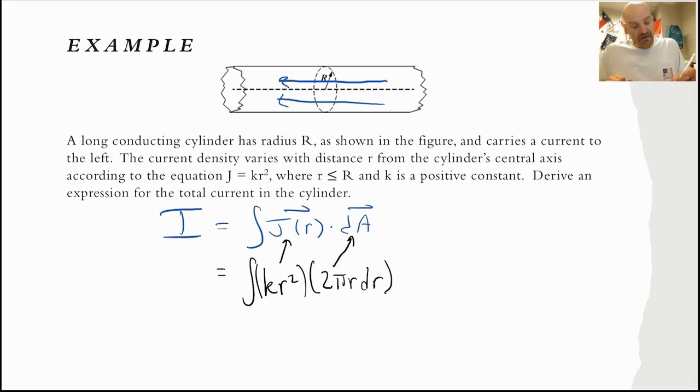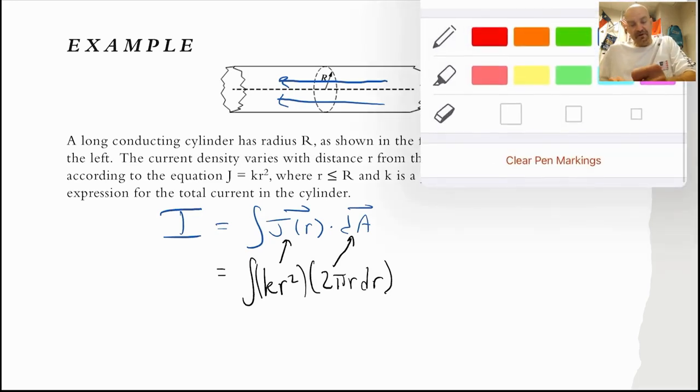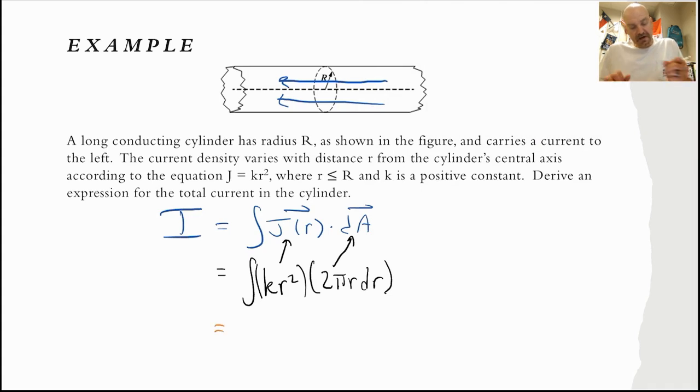And now, if you've never done integrals before, rewrite and combine. So 2 pi k, those are all constant values, so I'm going to pull them out of our integral. And this is going to go from 0 to big R. That just leaves me r squared times r, which gives me r cubed. And so I'm integrating r cubed. Now we use our basic power rule, plus 1 over 3 plus 1.